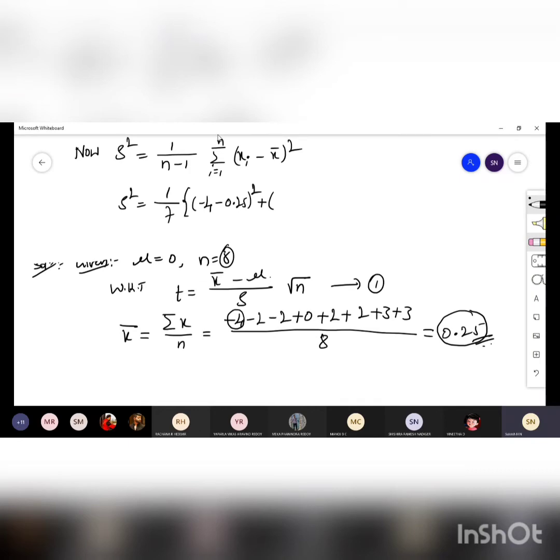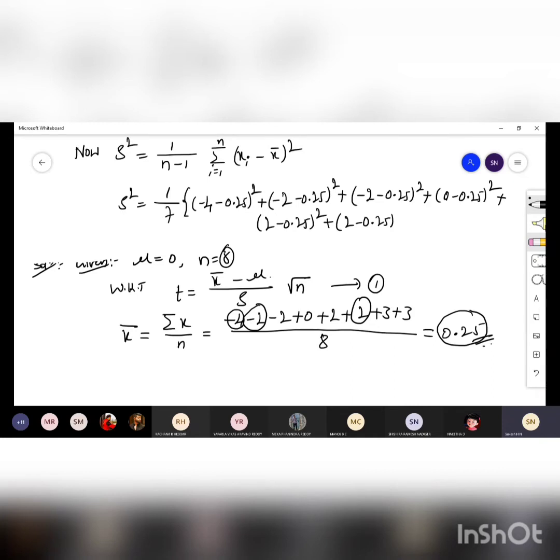Plus again the next one, again xi, what we have in the second term: minus 2 minus 0.25 whole square, again plus minus 2 minus 0.25 whole square, again plus 0 minus 0.25 whole square, again plus, after 0 what we have, 2 minus 0.25 whole square, again plus the next one will be 2 minus 0.25 whole square, plus last two numbers are 3.